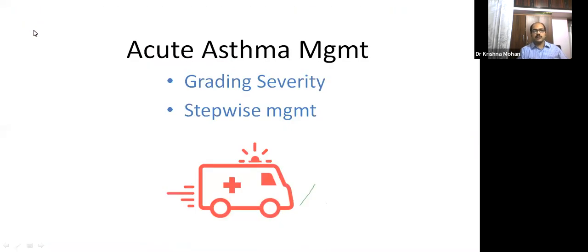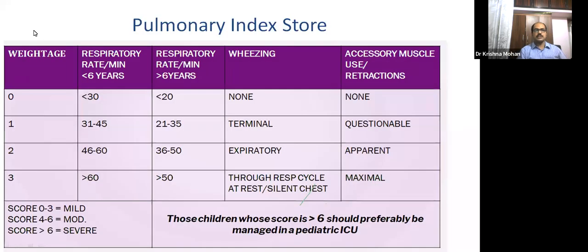Now acute asthma management in a hospital. The most important thing is that whenever the patient comes to you, you have to grade the severity. It is based on what is called the pulmonary score index, which is based on 3 criteria: respiratory rate, wheezing, and accessory muscle use.